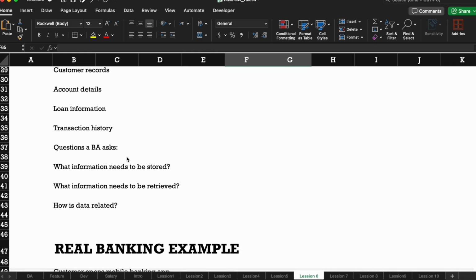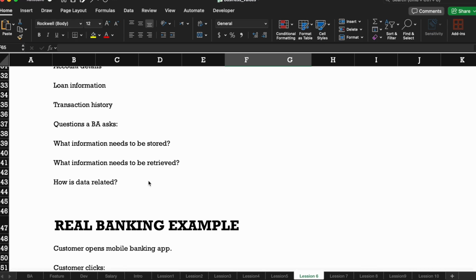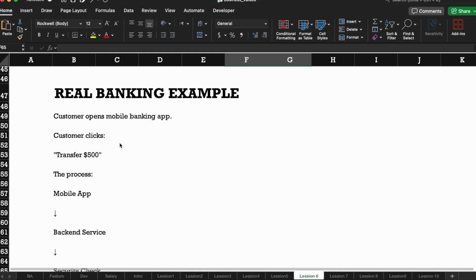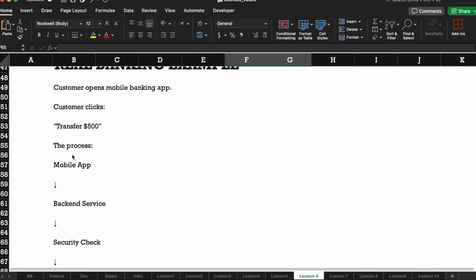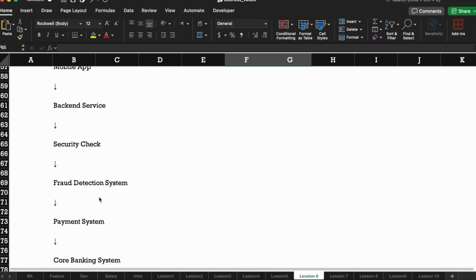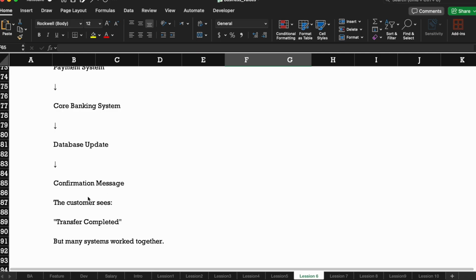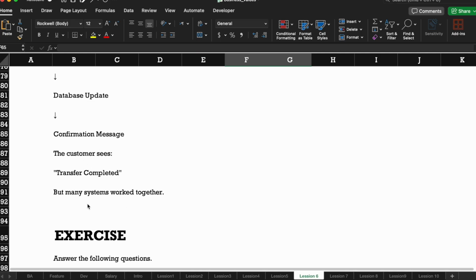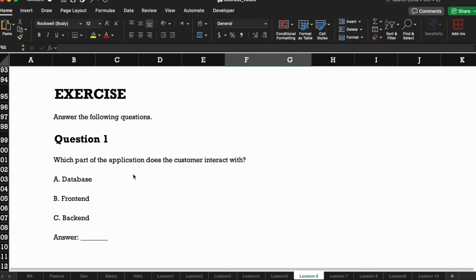A BA asks what information needs to be stored, what information needs to be retrieved, how is data related. Real banking example: a customer opens a mobile banking app and clicks transfer $500. The process involves the mobile app, the backend service, security check, fraud detection system, payment system, core banking system, database update, confirmation message. The customer sees transfer completed, but many systems work together.